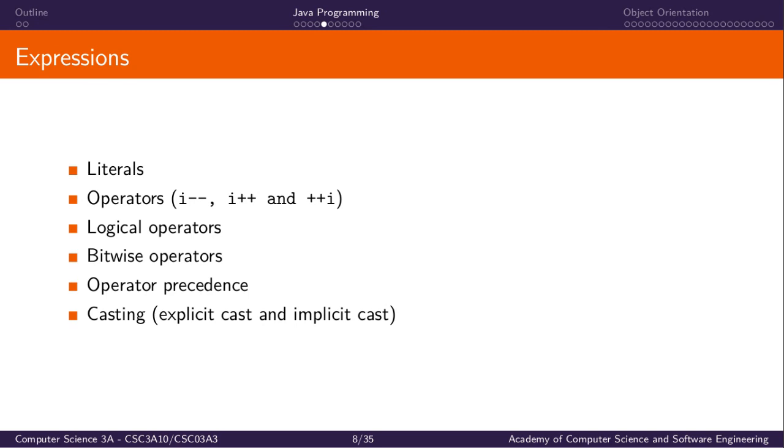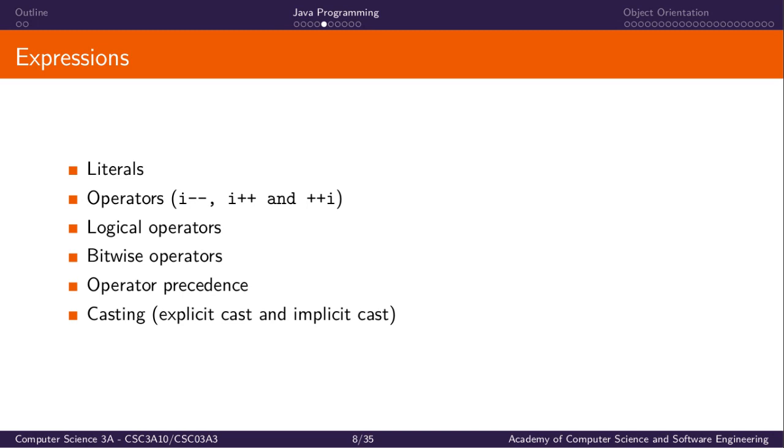So a literal is any specific value, whether it's a string literal where you're given an actual string, for example your name between quotes, or values of any basic type. A number would by default be an int, unless you add an L at the end, in which case it would be interpreted as a long. So any of those counts as a literal. And in fact, our Boolean literals, true and false, are also literals.